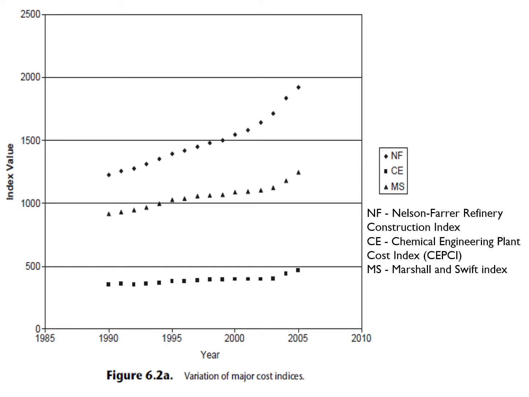We can see here in 1990 the index for the Marshall is around 350. It increases up to 500 in 2005. So these indexes we will use to estimate the cost of equipment.